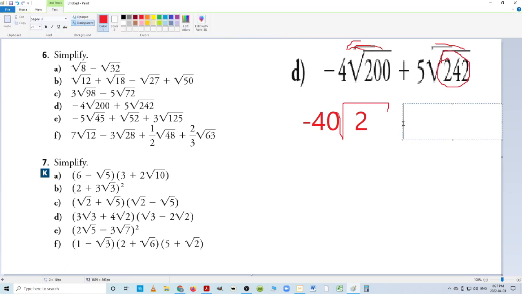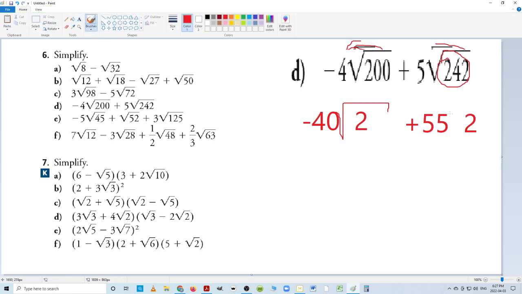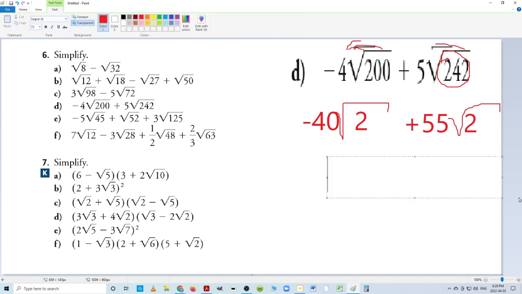So I get 5 times the square root of 121 times 2. The square root of 121 is 11, so 5 times 11 square root of 2, which is 55 square root of 2. Suddenly I have apples, minus 40 apples plus 55 apples, and that's 15 apples.